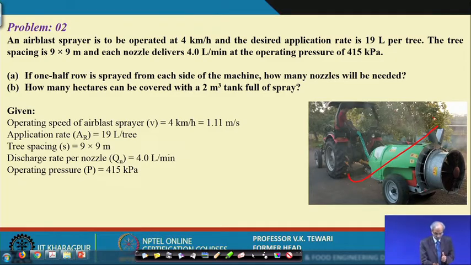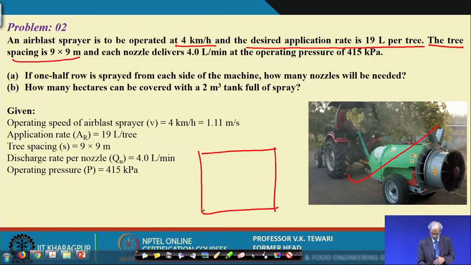So, an air blast sprayer is to be operated at 4 km per hour, and the desired application rate is 19 liter per tree. The tree spacing is 9 by 9 meters. That means the spacing this way, maybe one is here, the other is here, and here.